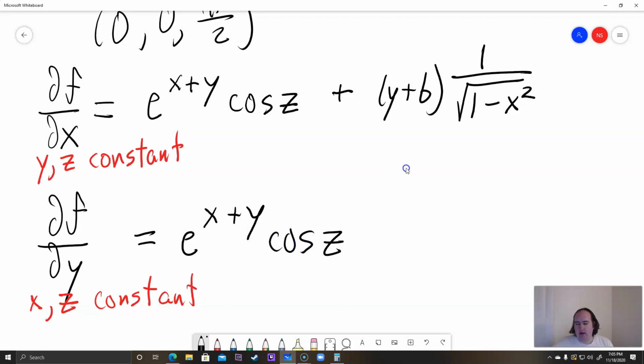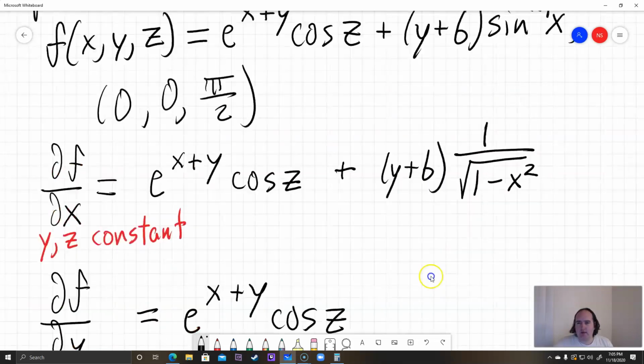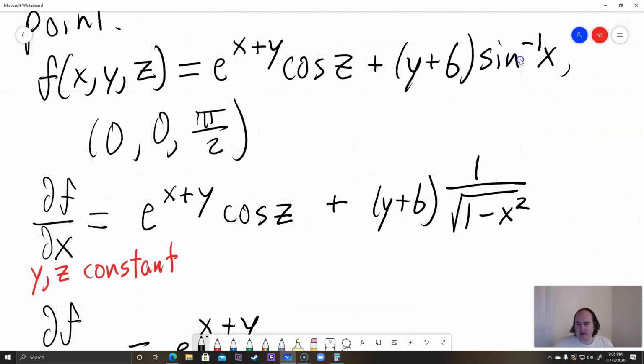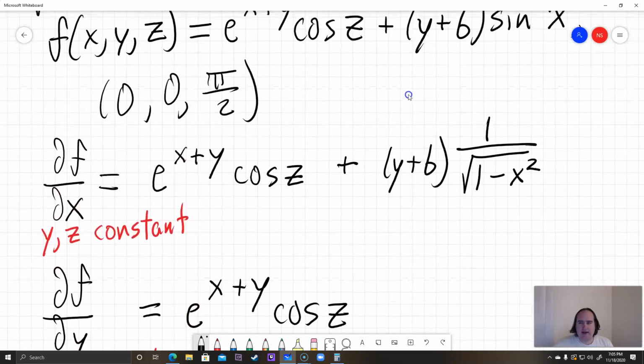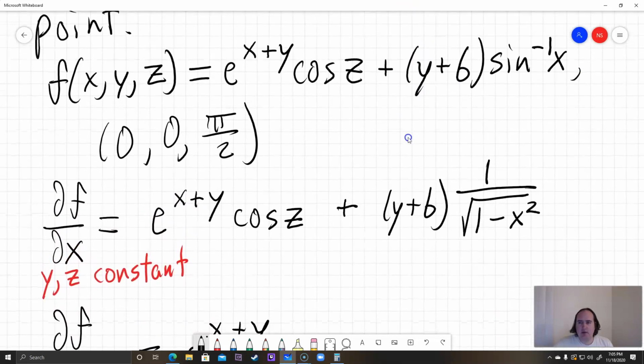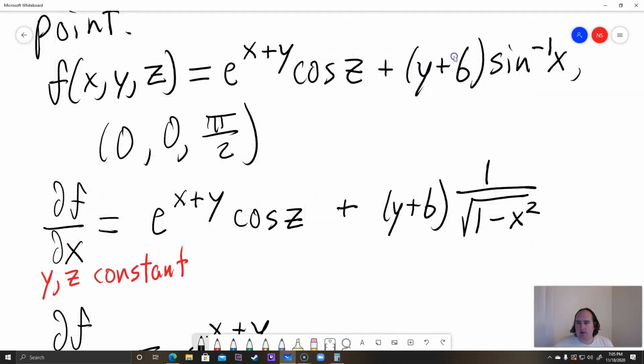And then for the next term, y plus 6 times sine inverse of x. We know that x and z are constant, which means that we only really have to take the derivative of y here. So the derivative of y plus 6 is just going to be 1.